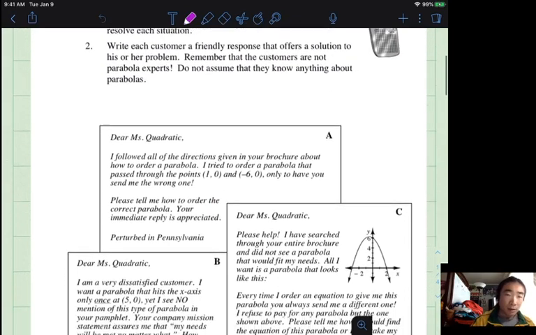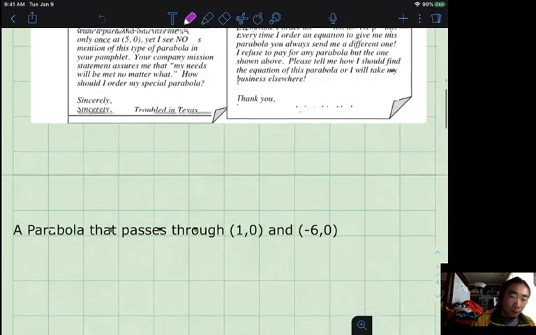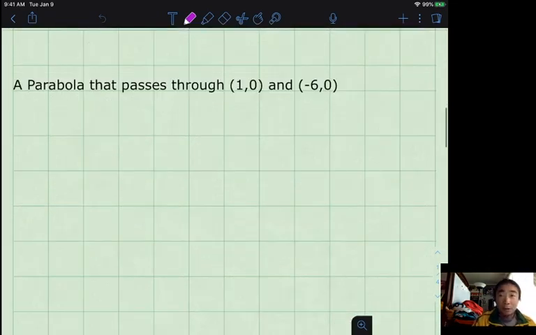So down here, as I scroll down a little bit, if we were in class, we'd go through the situation and settings, like we are quality control workers in this parabola generating factory, and we give people equations. I'm just going to focus on the math part. Let's say you wanted an equation of a parabola that passes through these specific points.